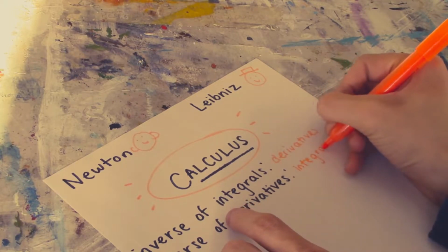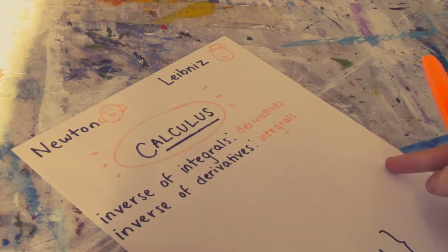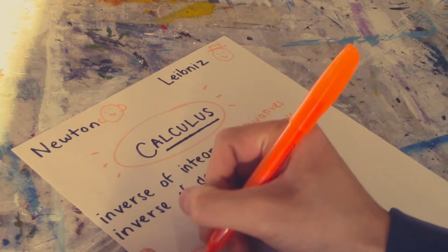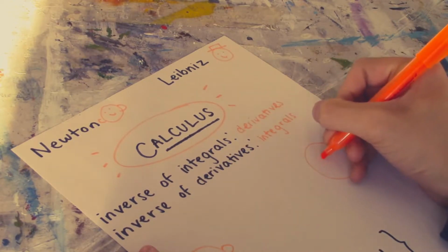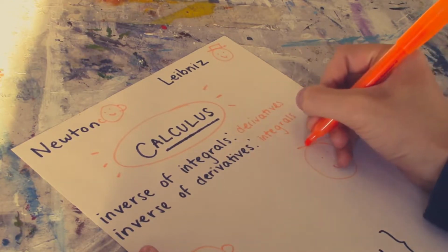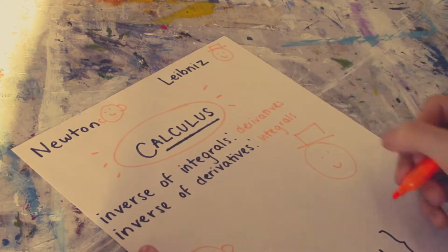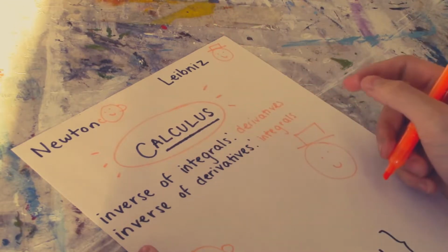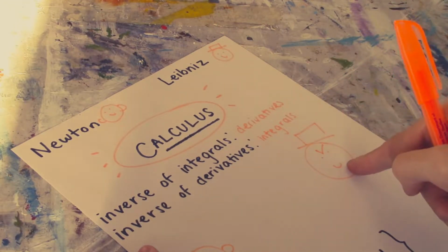A little fun fact, even though these two were the creators of calculus, people in the 1700s fought. They were like, excuse me, the guy with the ears invented it first. But then other people were like, no, the guy with the hat invented calculus first.